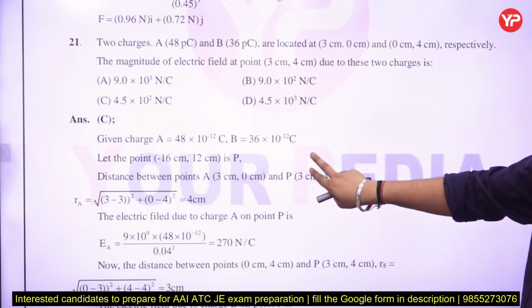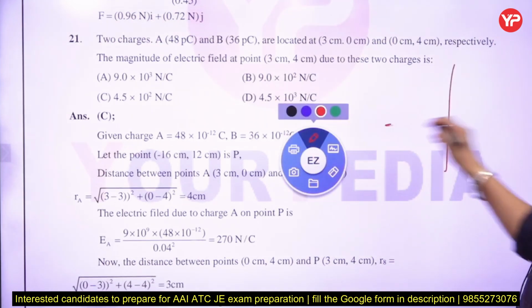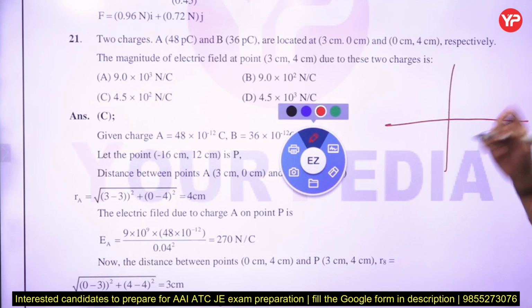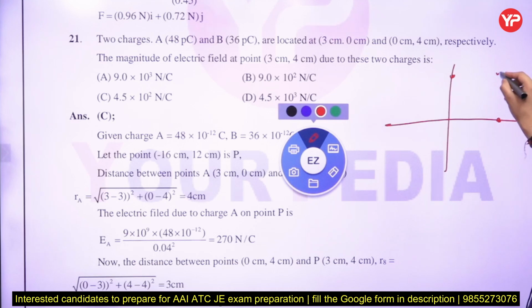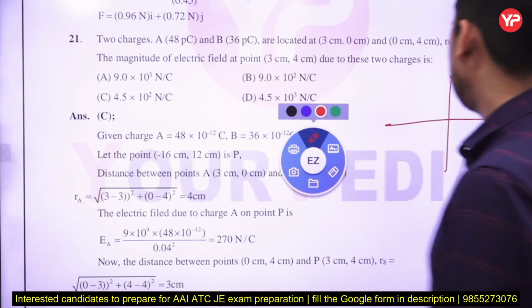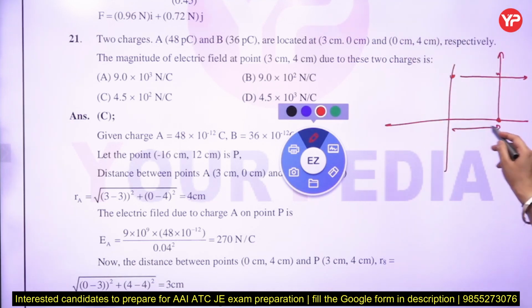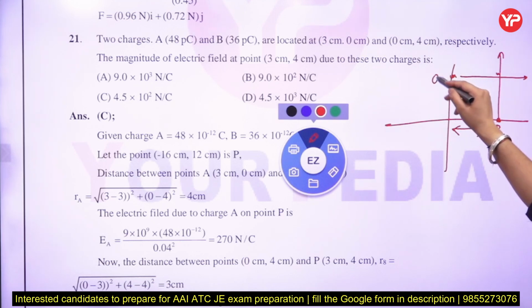Again the same thing, you have to make a figure first. First charge is at 3, and that is at 0, 4 here. We have two charges and we have to calculate the electric field here. So the first electric field is in this direction, the second electric field in this direction. Calculate these two electric fields. When you are calculating the first electric field, you can use this distance, for this charge, let us take QB, right?